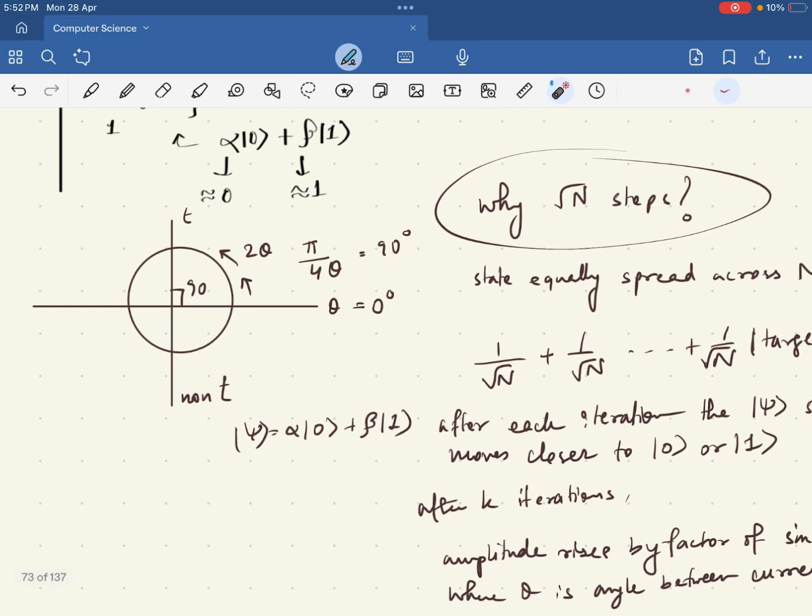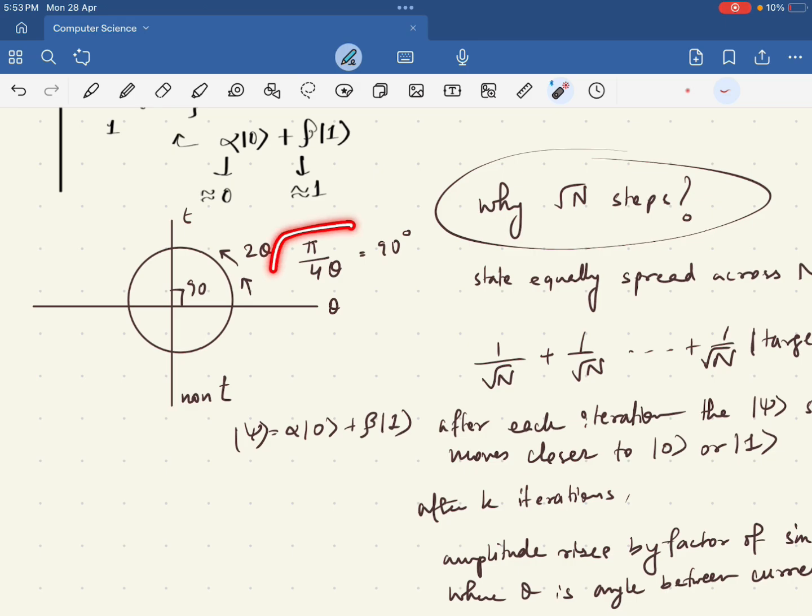Now for each iteration we are moving towards the target with a deviation of 2 theta. So to maximize our probability, we will need to move it to either this or this, where both of the angles are 90 degrees, that is pi by 4 times theta, because theta is initially 0 and it needs to rise to 90 degrees to get a proper measurement of 1, that is, the target is found.